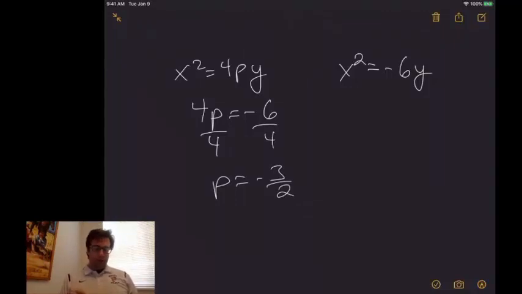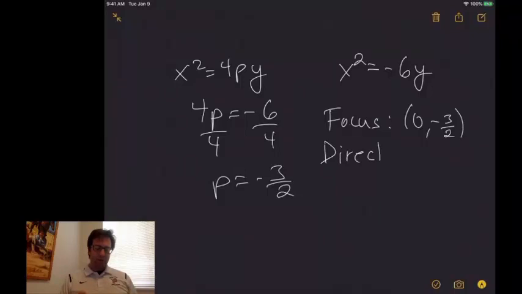So for the focus for this parabola, I have a focus at (0, negative 1.5), or negative 3/2, and I have a directrix. And remember, the directrix is always the opposite of p.